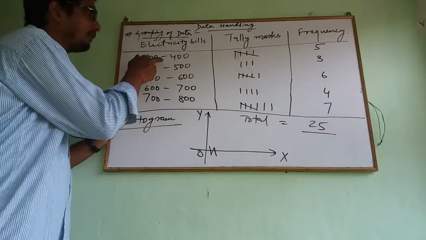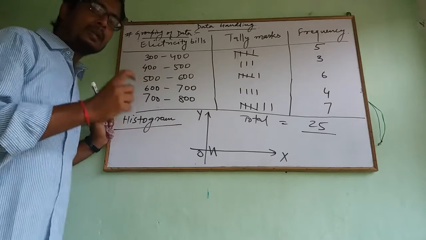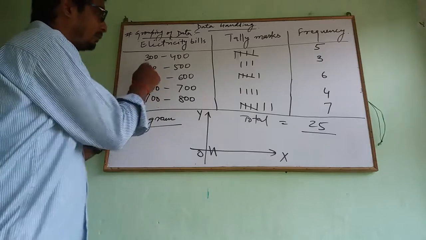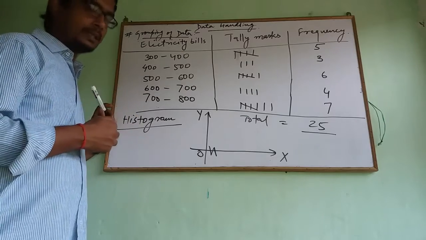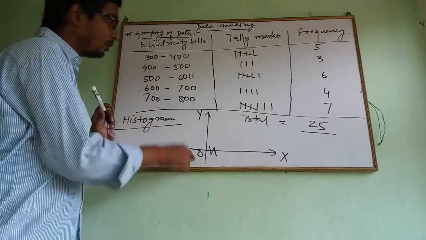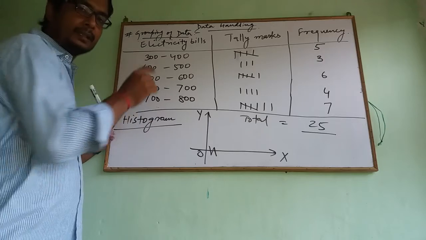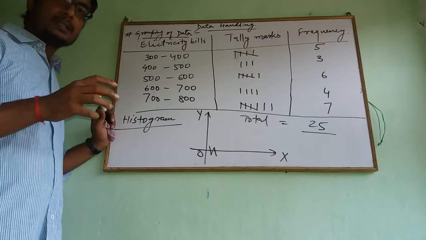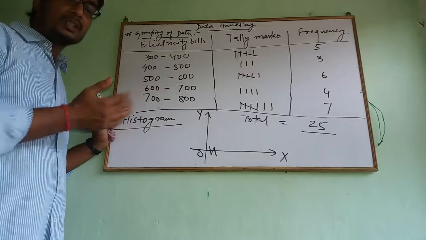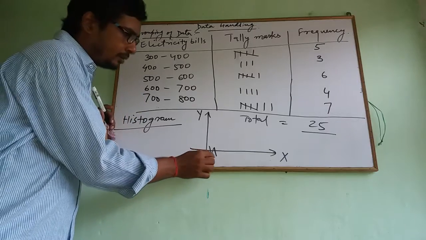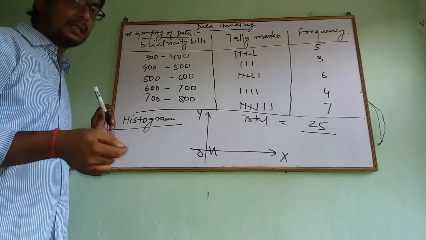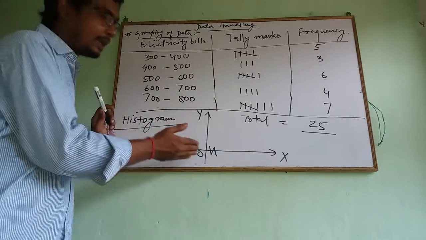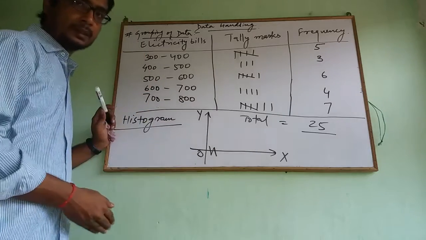From 300 to 400 there is only a class width of 100, and from 400 to 500 only 100. But from 0 to 300, the class width is 300, which is not regular. So this symbol is introduced to show that the intervals are regular here.